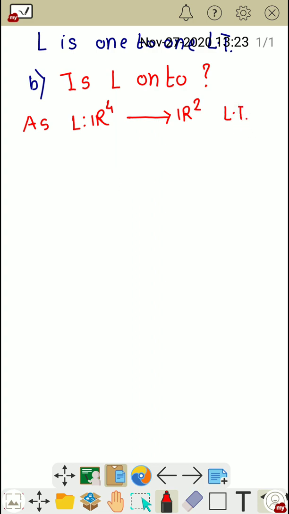So we know the definition of an onto function: if every element in the codomain has a pre-image.